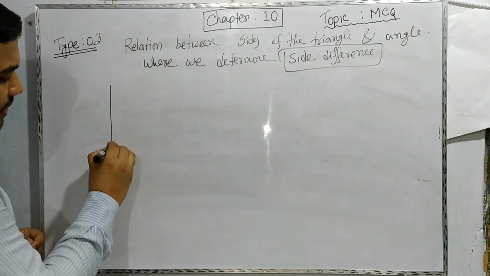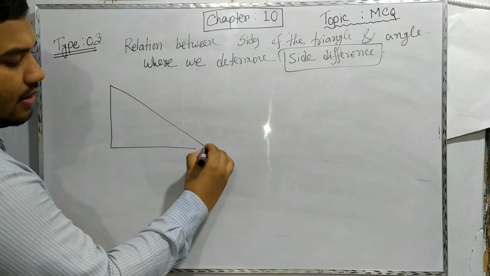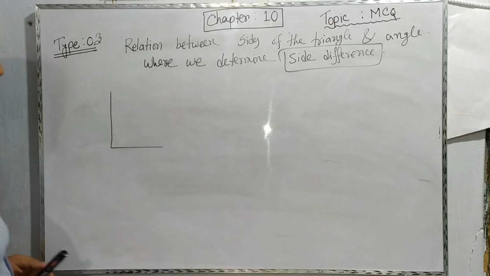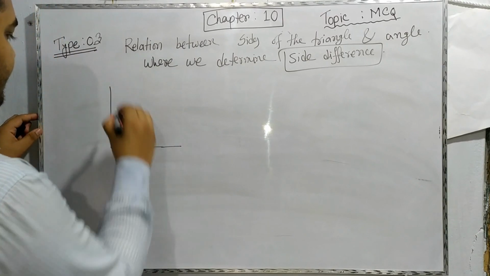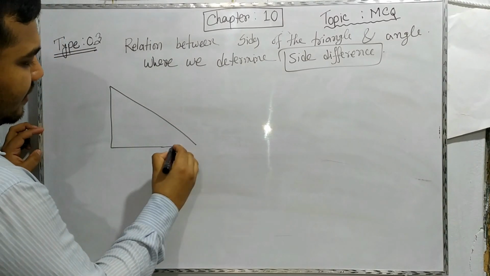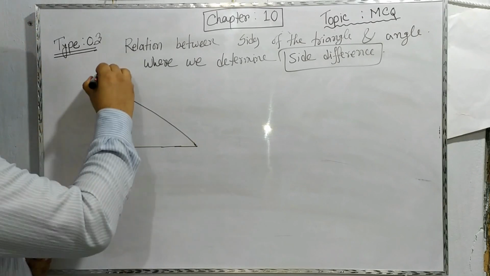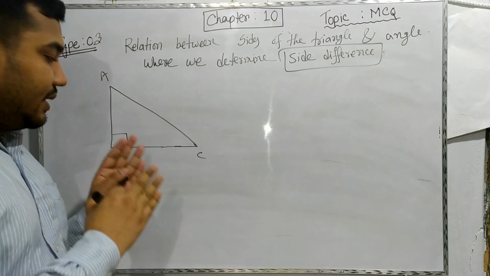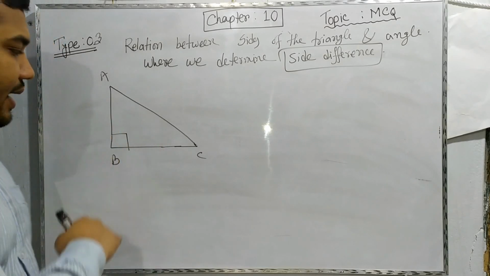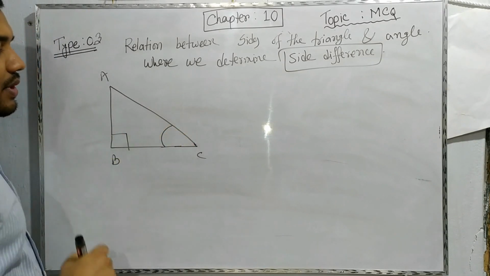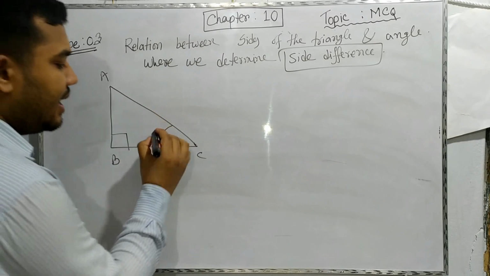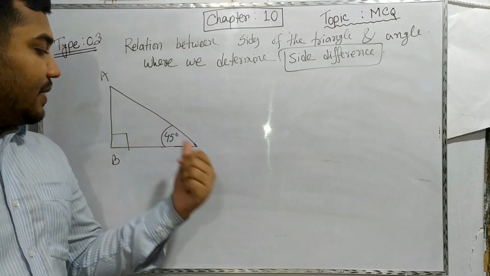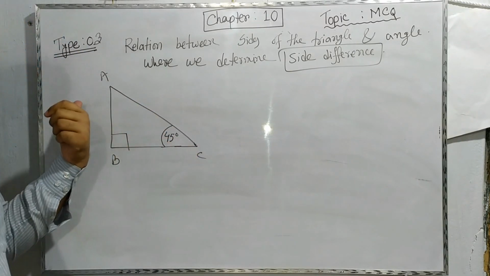First of all, a right angle triangle ABC. This is the 90-degree angle, the right angle, and if this is our required theta or angle, and the angle is 45 degrees, then what is the relationship between the base and height?